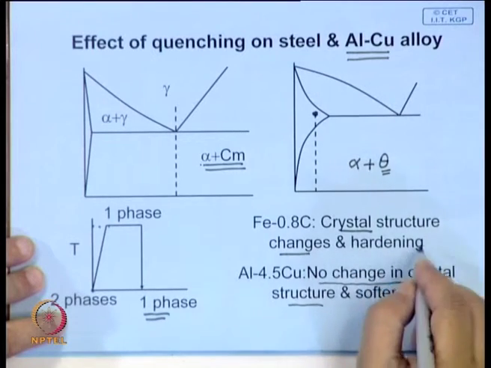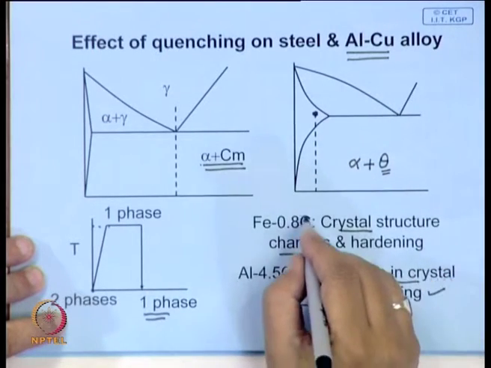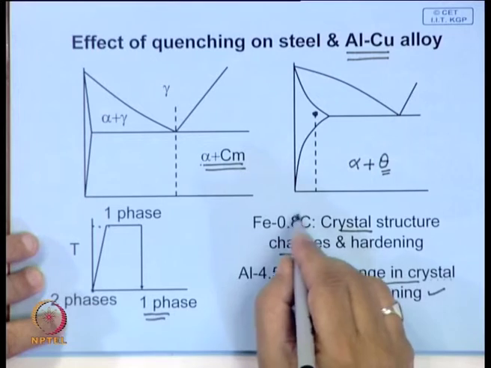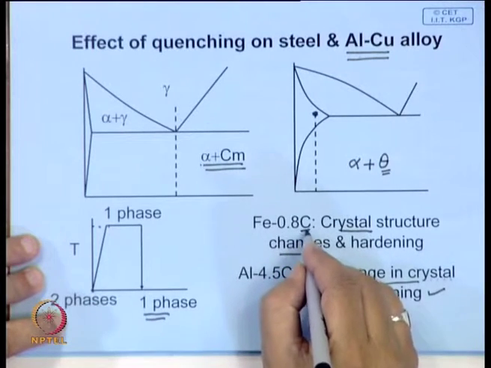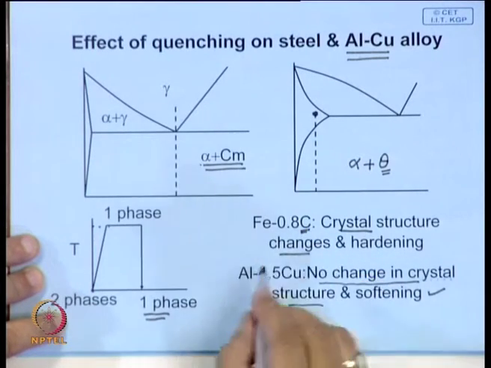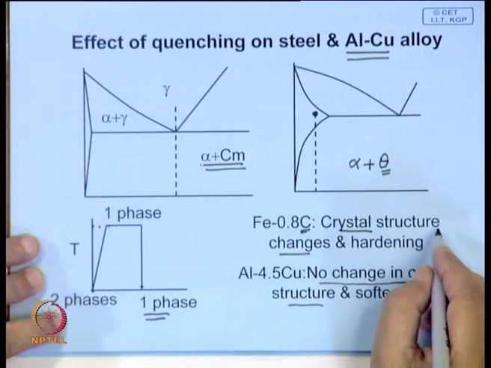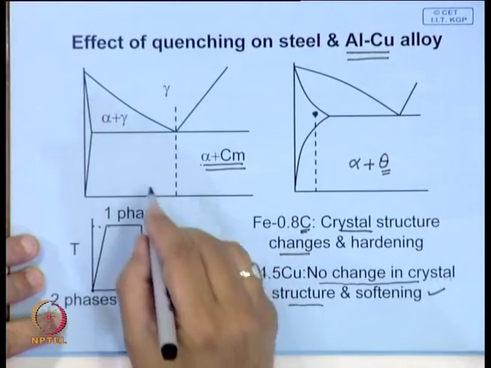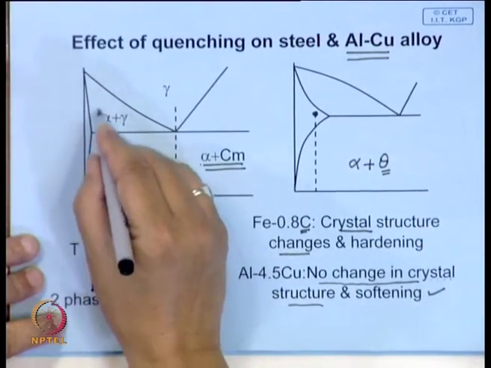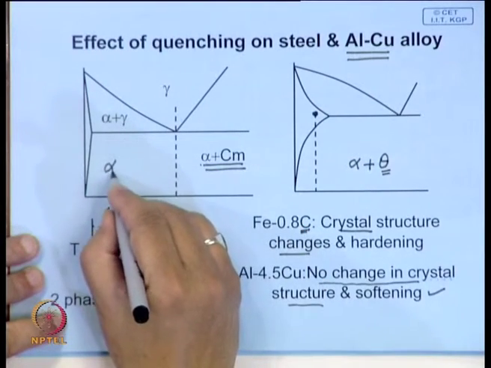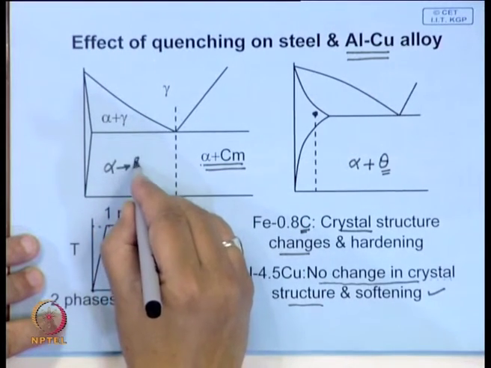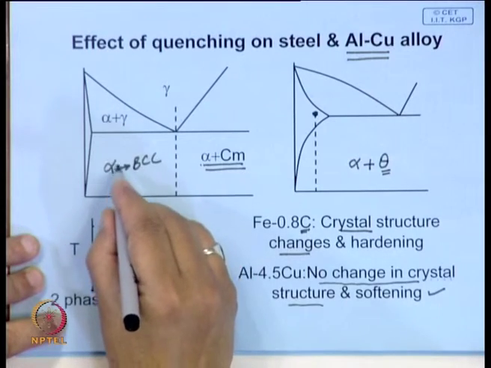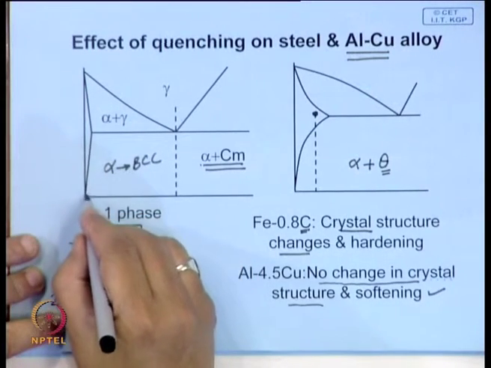keeping by force much more carbon in the lattice, and the lattice gets distorted. Normally ferrite is BCC, and if you look at the solubility at room temperature, it is virtually negligible.